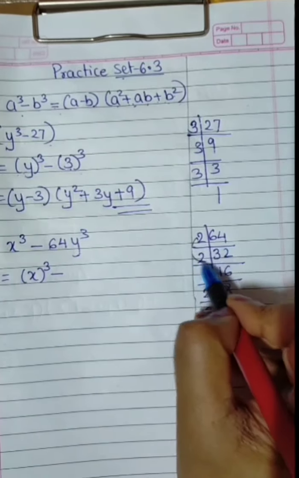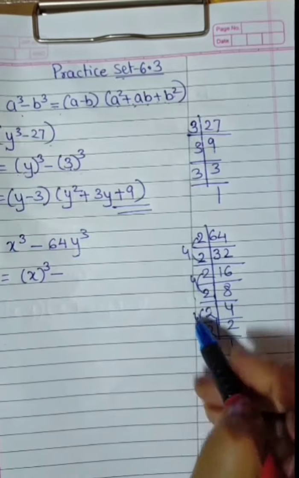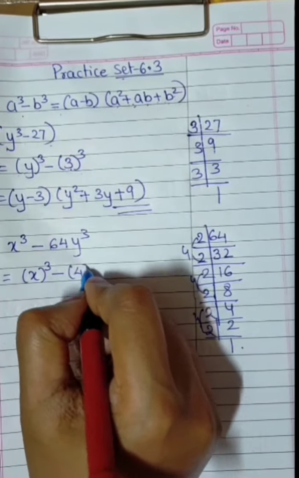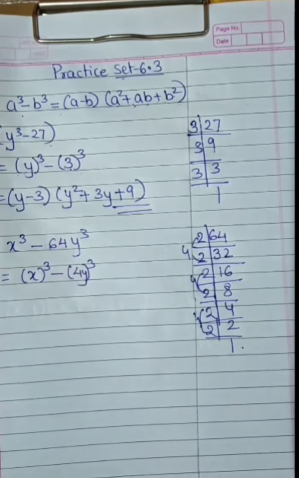So here you can see 2 2s are 4, so 4 cube, 4y cube is the solution for this one.